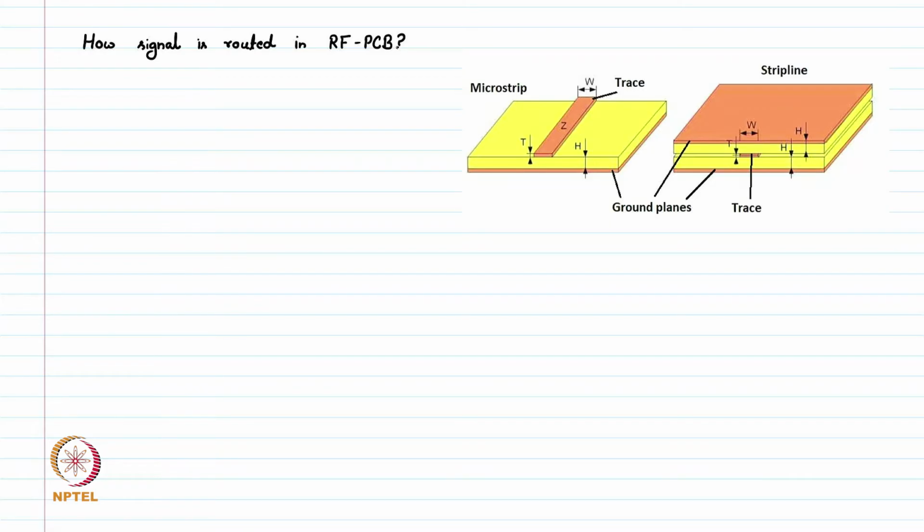So unlike in digital PCBs, we have something called stripline and microstripline in RF PCB through which we propagate our signal. So this is the standard microstripline and this is the structure of stripline.